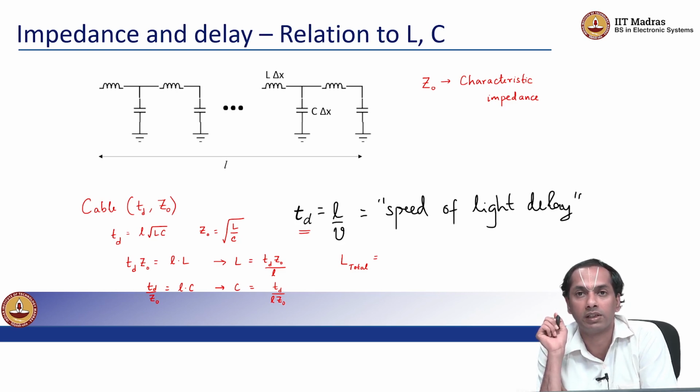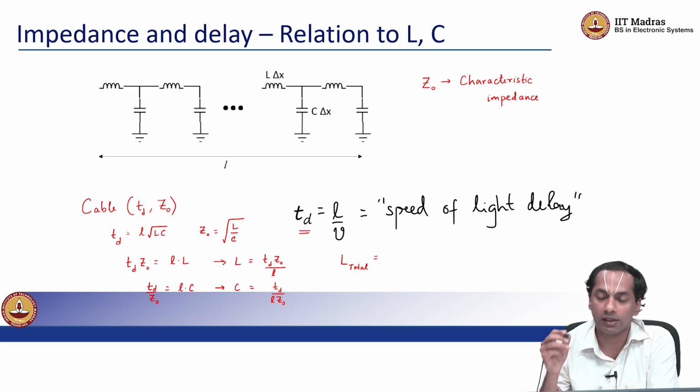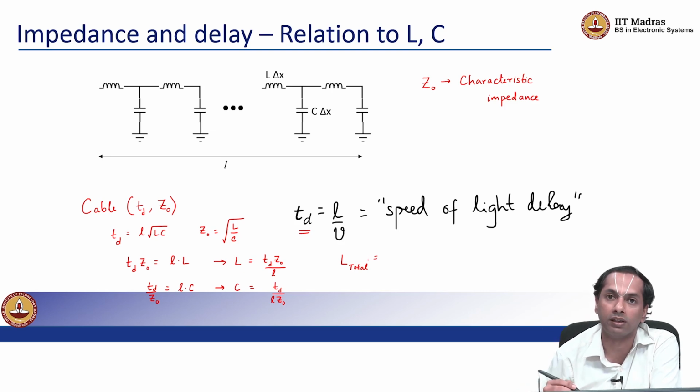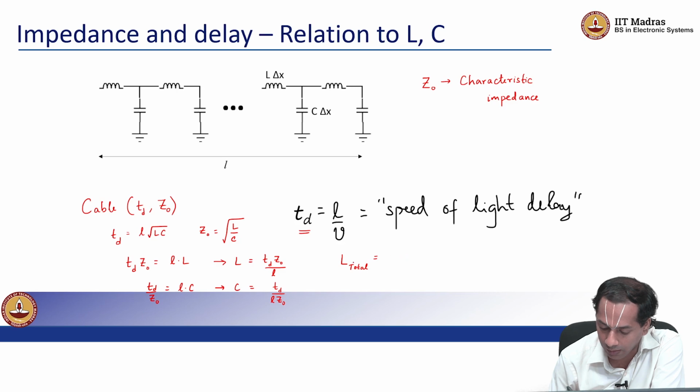Depending on the frequency of operation, you might have to break them into these distributed circuits. Nevertheless, if I wanted to know what is the net inductance from end to end of the cable, you can just multiply by the small l, right? And you would just get TD times Z naught, and then the C total as TD by Z naught.